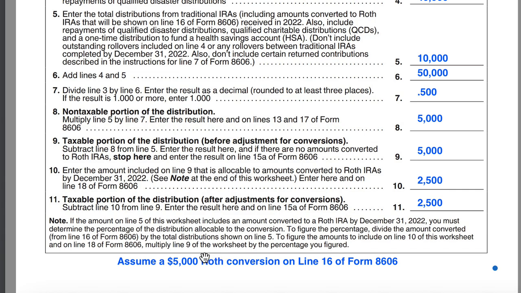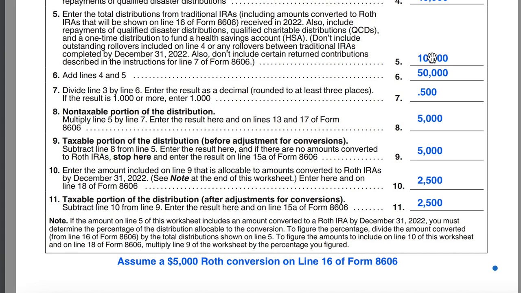We divide the line 16 number by the total amount of distributions on line 5. So the $5,000 divided by the $10,000 total distributions. What that means is there's a $5,000 distribution that went to us, and then there's a $5,000 Roth conversion that went into the Roth IRA.